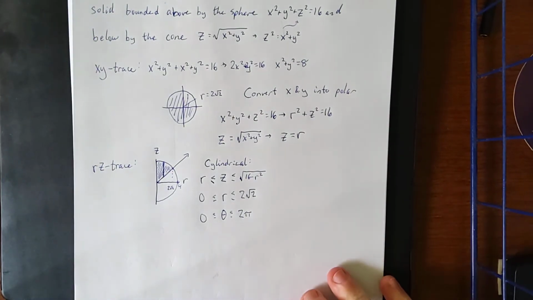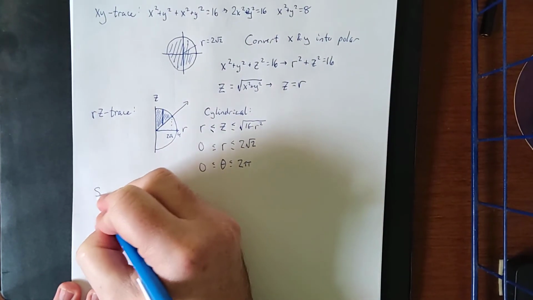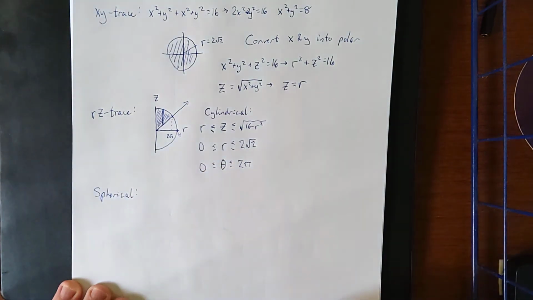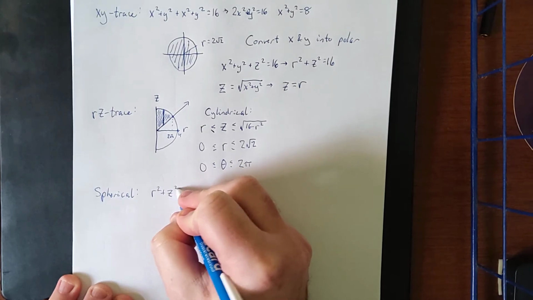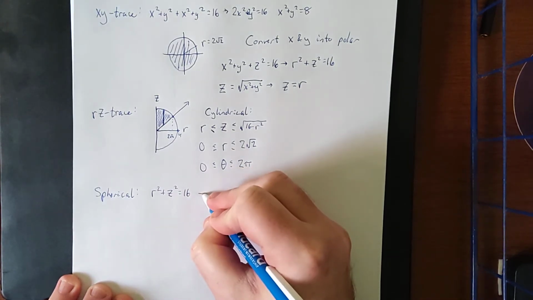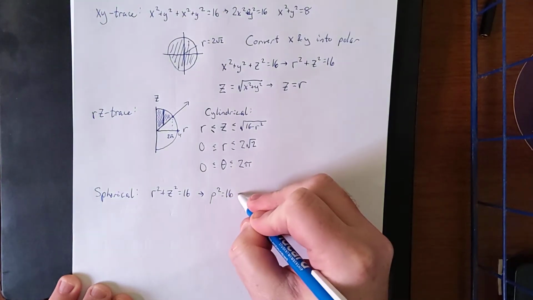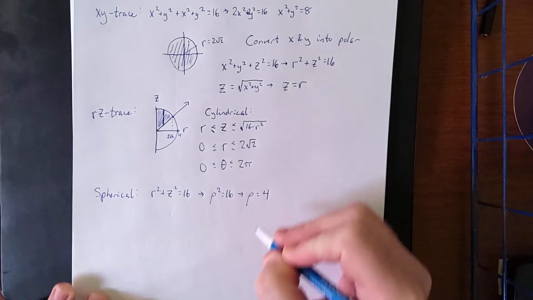However, this does also convert pretty nicely into spherical coordinates. If we started with r squared plus z squared equals 16, r squared plus z squared is supposed to be rho squared. That would be rho squared equals 16, which gives us simply rho equals 4.